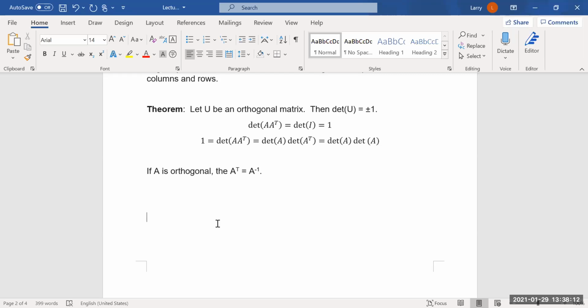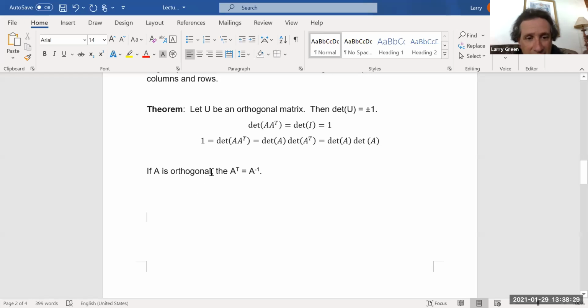Because you know that A times A inverse is the identity. Yeah, that's the proof. But why is it really convenient, this little statement here? Okay, and I should say A is orthogonal and square. You need that too. If it's not square, obviously you can't take an inverse.